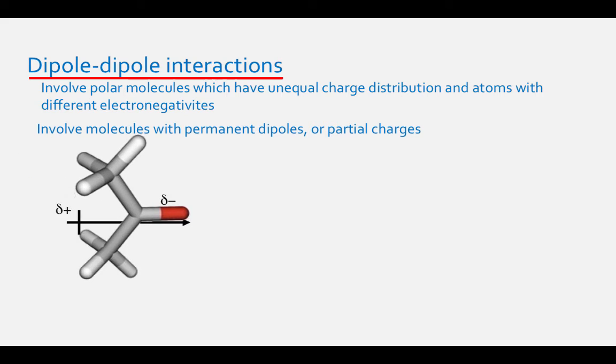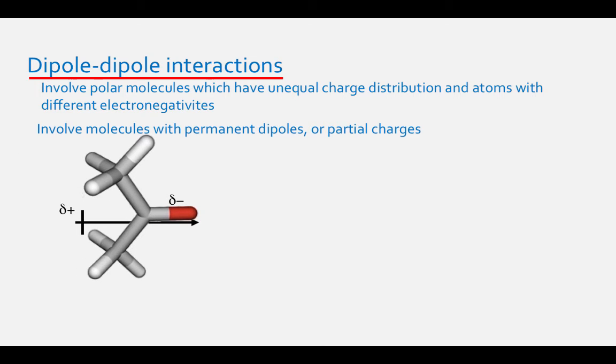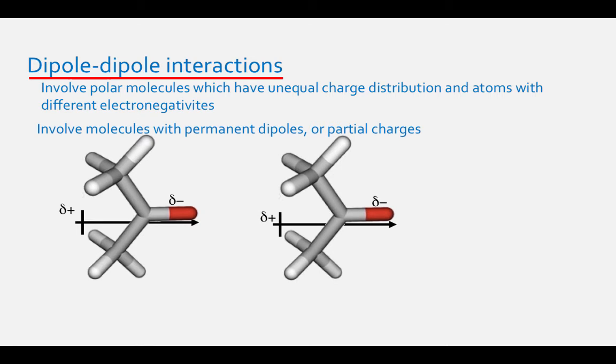Dipole-dipole interactions happen when the partially positive side of one molecule is attracted with the partially negative side of another molecule. Since these dipoles are permanent, these interactions are substantially stronger than London dispersion forces, which involve temporary dipoles.